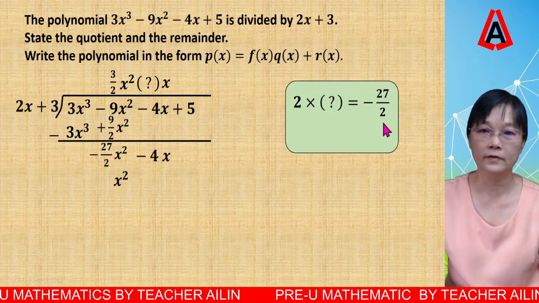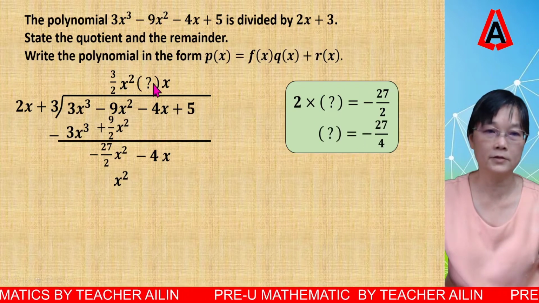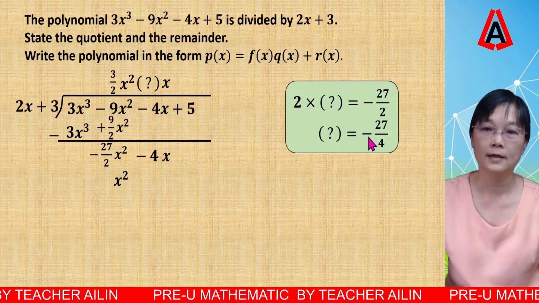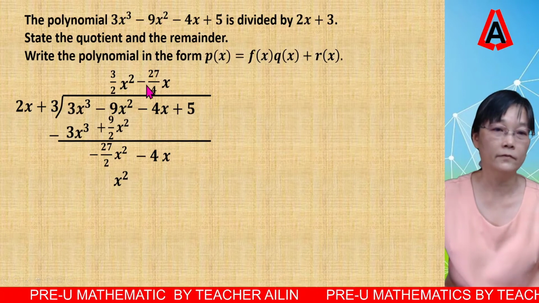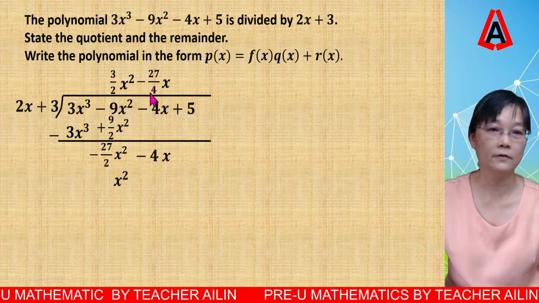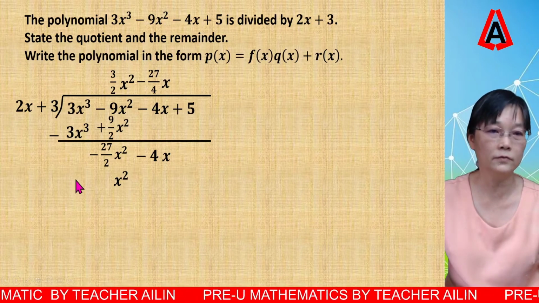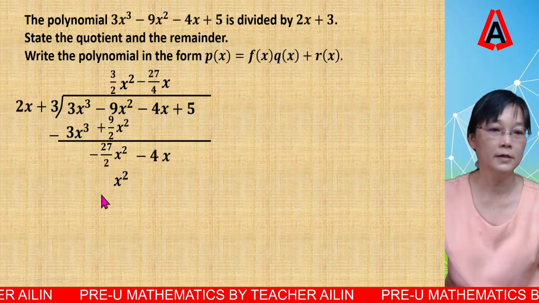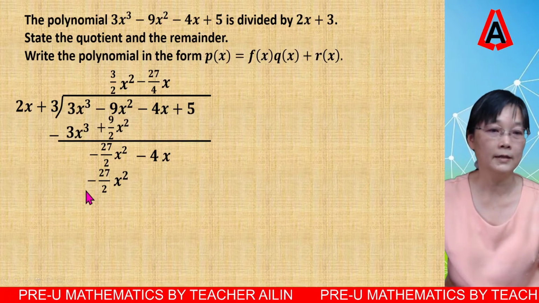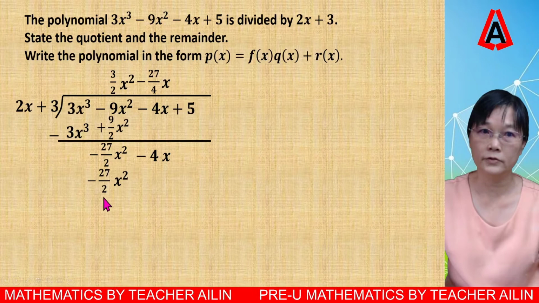When we shift the 2 to the right hand side, this number is negative 27 over 4. So negative 27 over 4 times 2 is equal to negative 27 over 2.